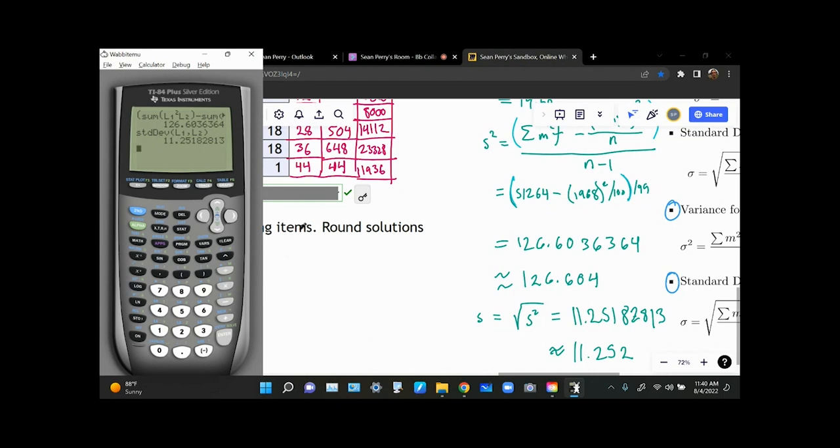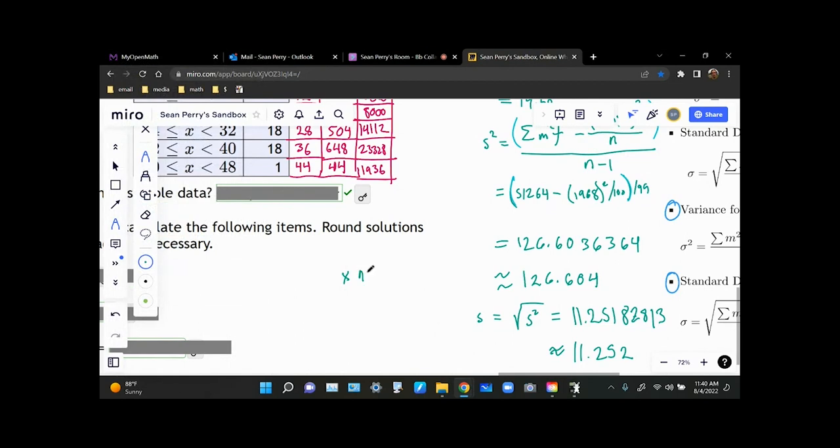Now, I will say one thing about this, which is that these preloaded formulas only work for samples. If you were to use a formula for the population, you would have to correct it. That is to say, it would be slightly off. I'll also say this, though, if you want to get one formula from the other, you really just have to multiply by n minus 1 to get it off the bottom, and then divide by n.